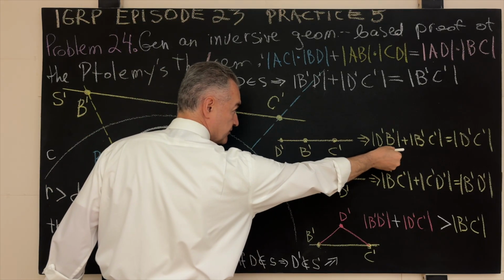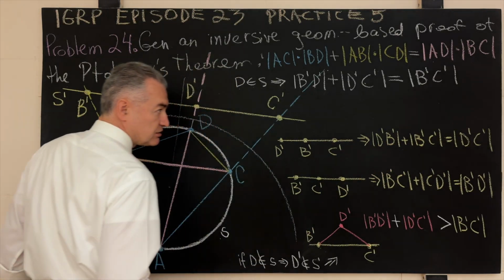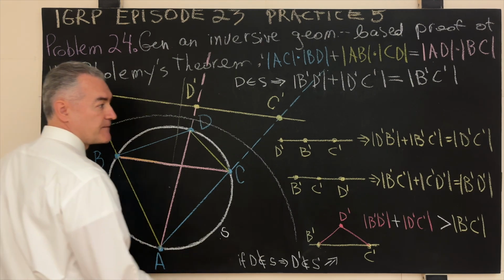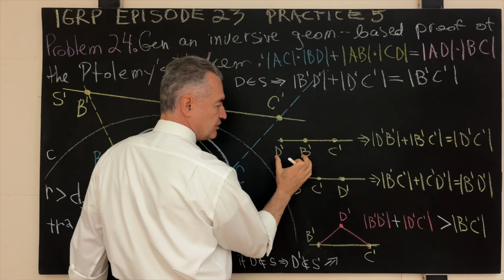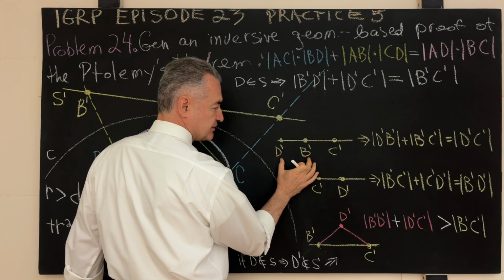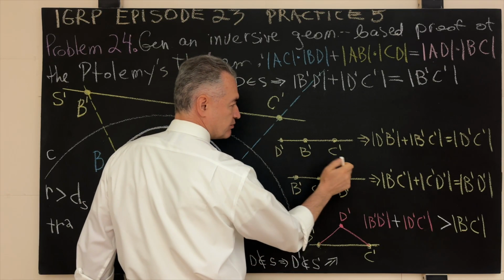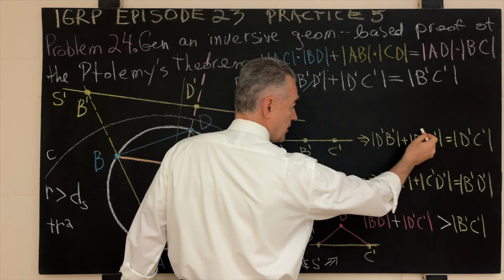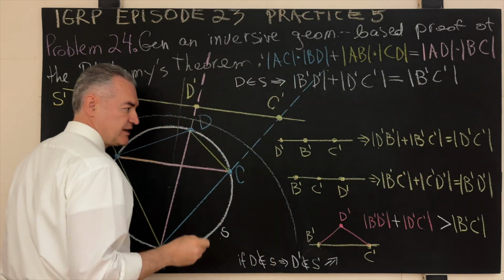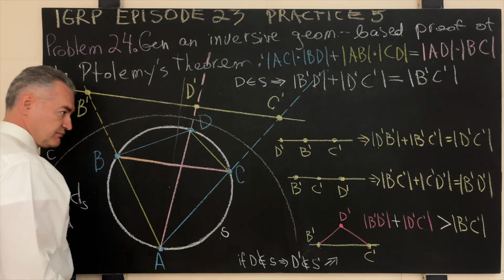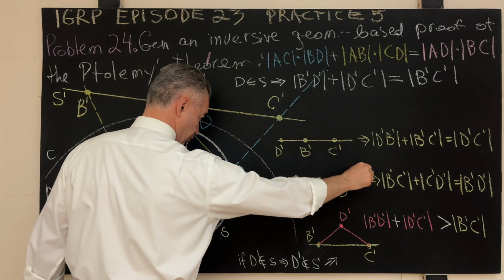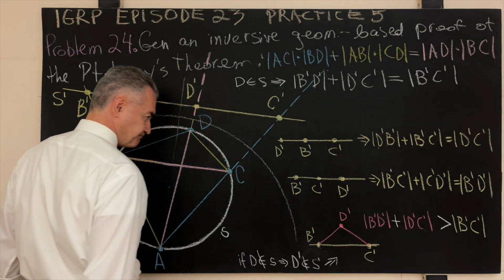In this case, we have this relation for the distances. The distance from the point D prime to C prime is partitioned into the sum of distances D prime B prime and B prime C prime. And the other case is the point D prime jumps to the other extreme. Logically, it is located to the right of the fixed points.